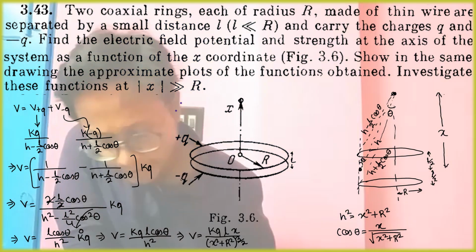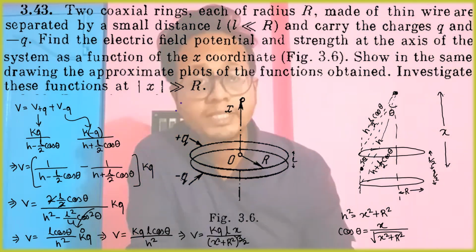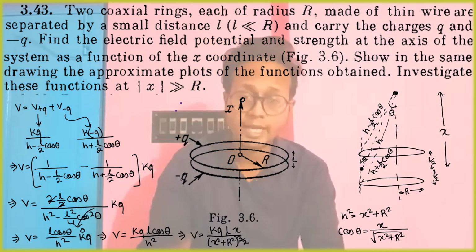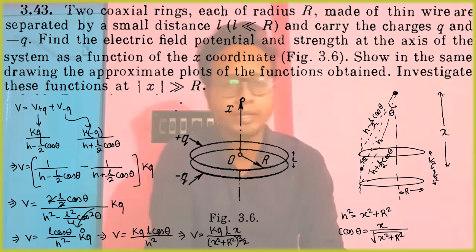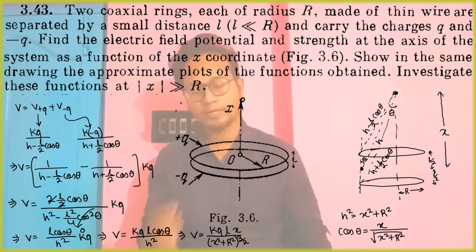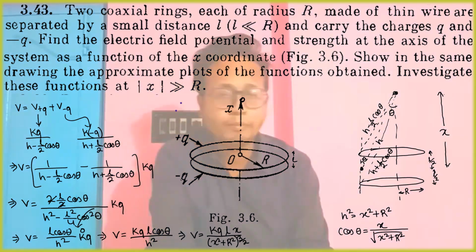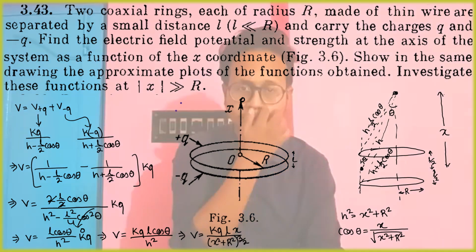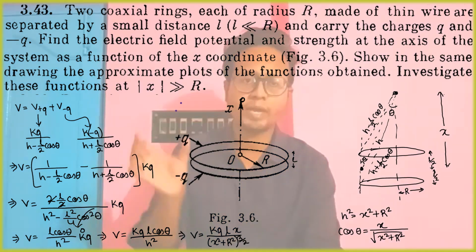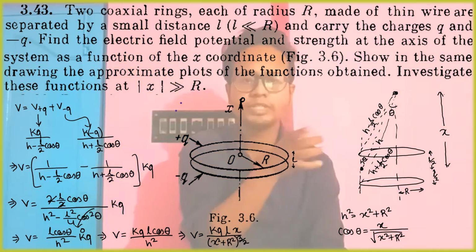Now the second part of the question is I have to find out the electric field at point x. We can either find the electric field by using the same method, or you can use minus dv is equal to E dot dr. Work done is equal to force into displacement.